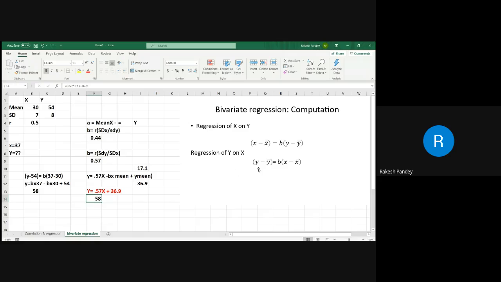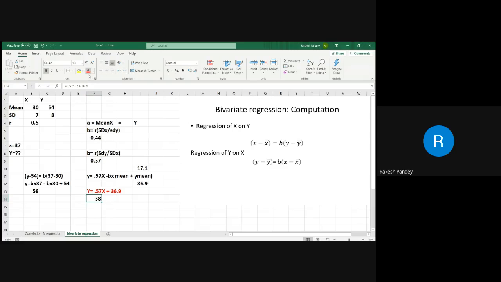With this formula you can do the calculation easily. But if it is asked that you write the regression equation in raw score form, then you will do it this way, and then you can put the value of x in this equation directly and you will easily get the value. And look, both the values are the same.